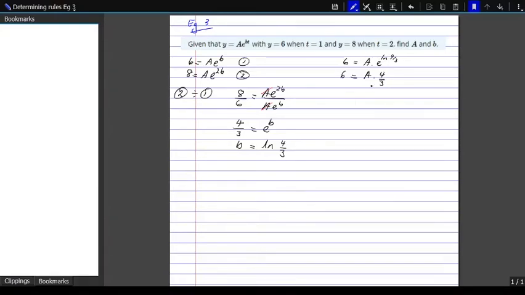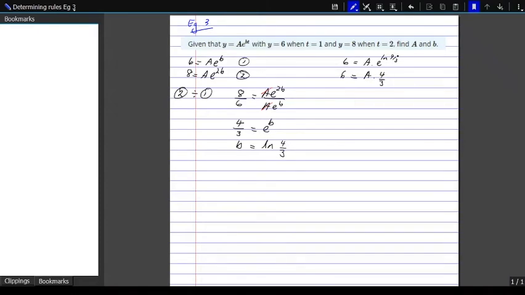These are equivalent. So this is an important thing. Just make a note somewhere that e to the power of log base e of some value will be the same as that value itself.